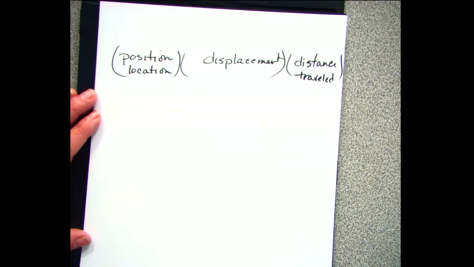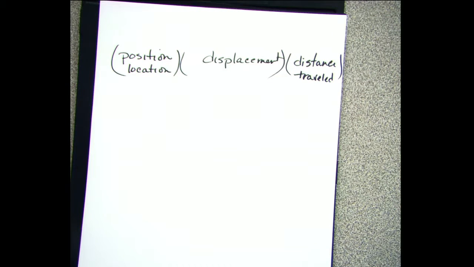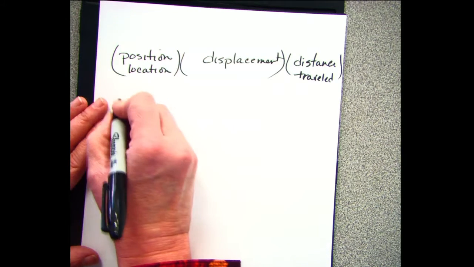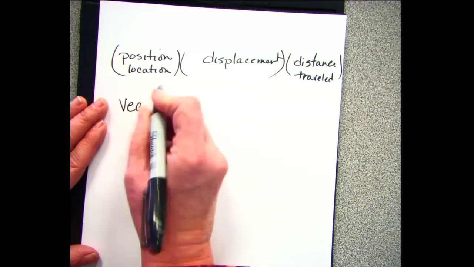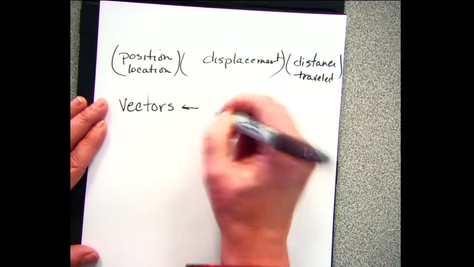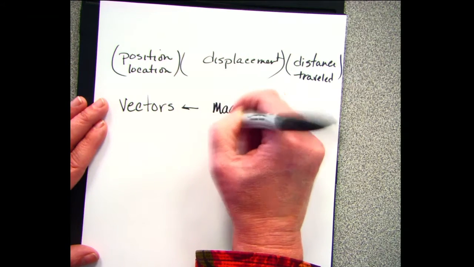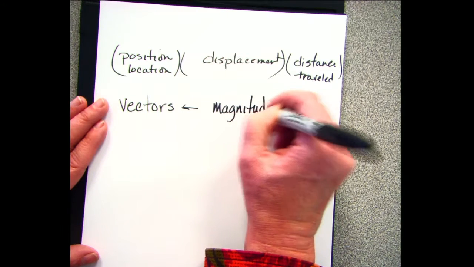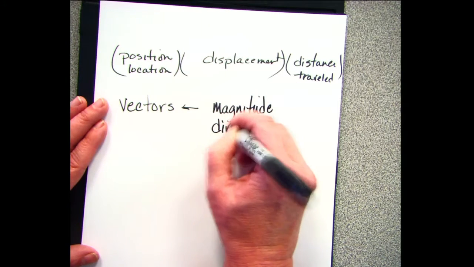So let's look from a character or an idea that we're going to have. And one thing that we're going to get to in chapter 3 is vectors. Vectors have magnitude and direction.